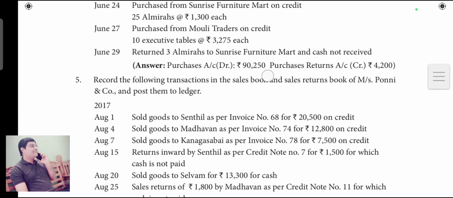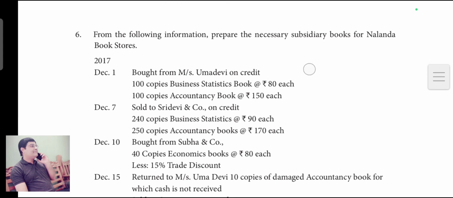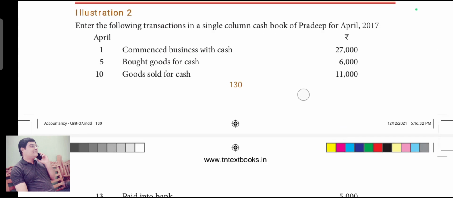Then sum number 6 is very important 5 marks, and 7 is very important 5 marks. In 7th chapter, subsidiary book 2, cash book, illustration 2 is important.